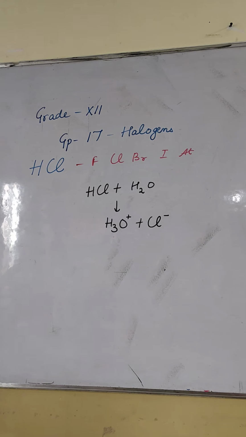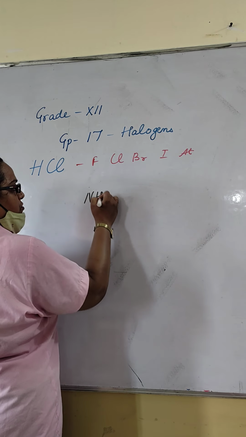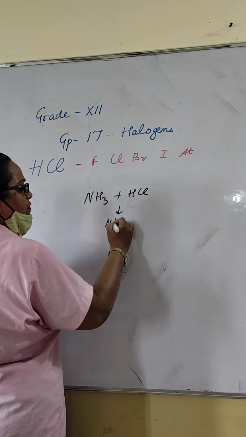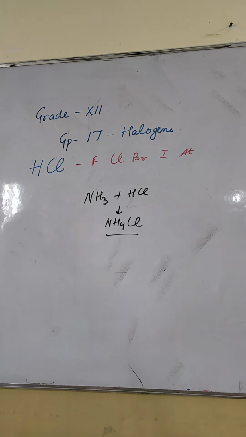It reacts with ammonia to form ammonium chloride. NH3 plus HCl gives you white fumes of ammonium chloride.